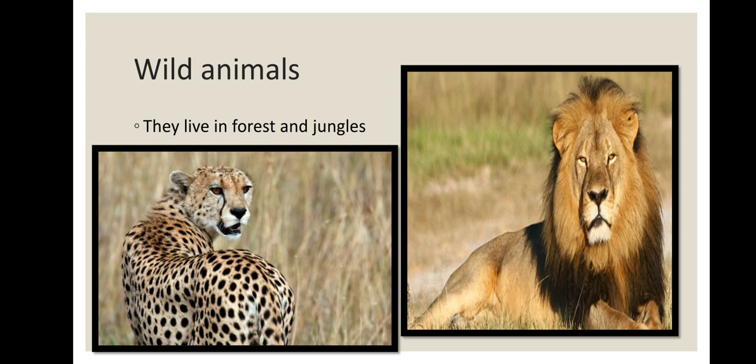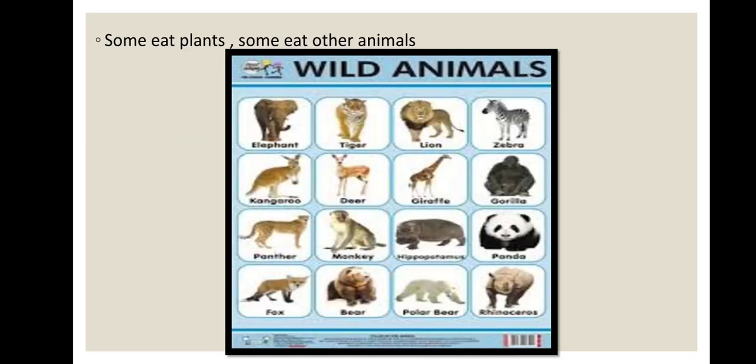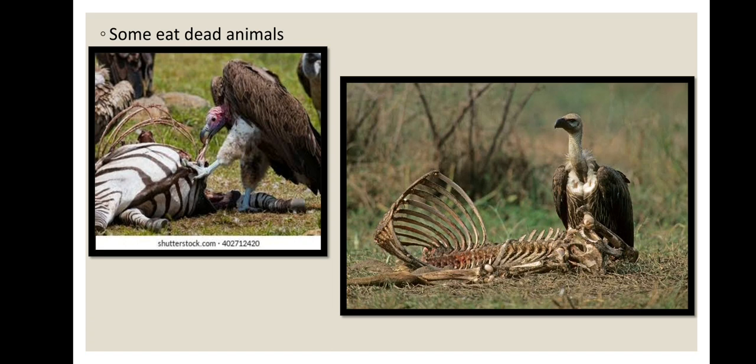Wild animals. Wild animals live in forests and jungles. Many wild animals eat plants. Some eat other animals. And some of the wild animals eat dead animals.